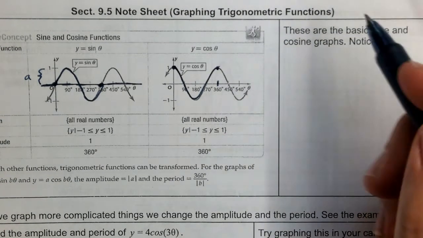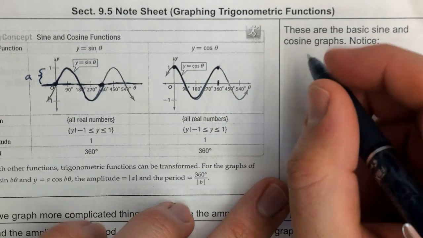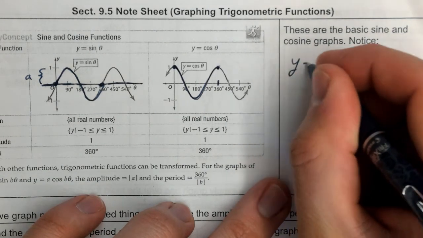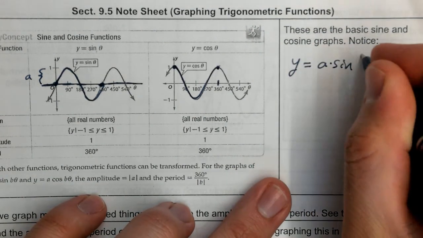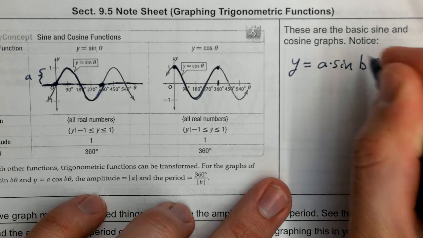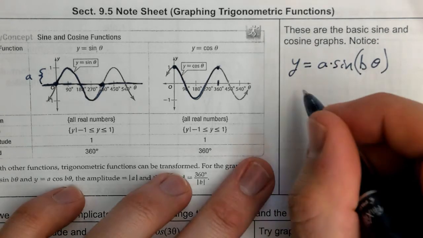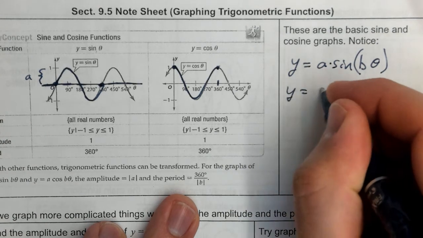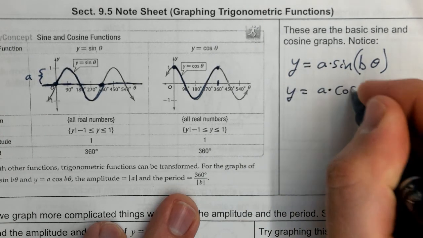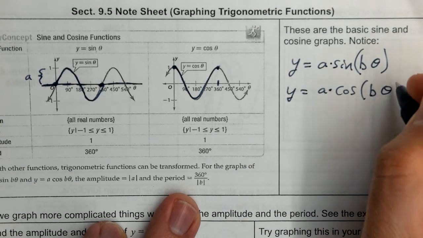A few things to emphasize. The basic sine curve is y equals a times sine of b theta, and the basic cosine curve is y equals a times cosine of b theta.